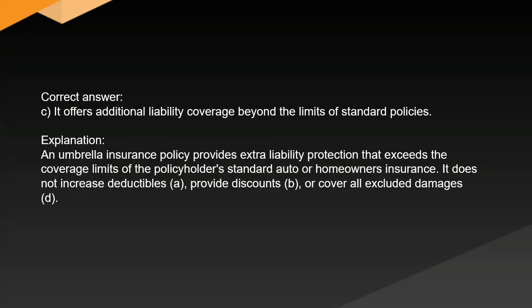Correct answer: C, it offers additional liability coverage beyond the limits of standard policies. Explanation: An umbrella insurance policy provides extra liability protection that exceeds the coverage limits of the policyholder's standard auto or homeowner's insurance. It does not increase deductibles (A), provide discounts (B), or cover all excluded damages (D).